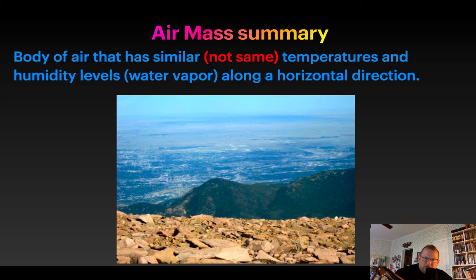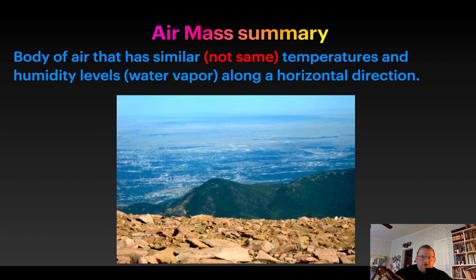All of that flat plain will have similar temperatures and similar humidity levels. The mountain itself will have different temperatures and different humidity levels because they're not on the same horizon. The flatlands here, the mountains up here, they're in a different location as far as height, and their horizon is different. So the temperatures will be different and the humidity levels will be different.